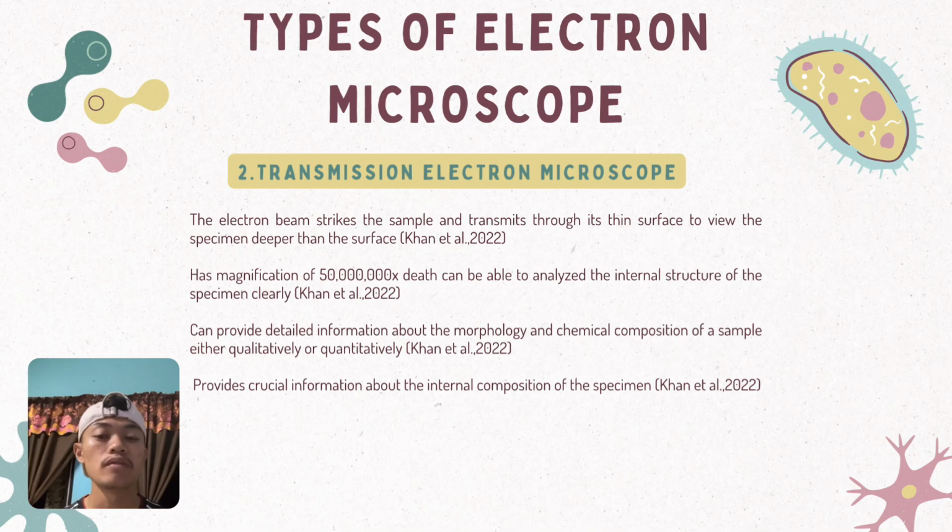TEM can achieve magnification of up to 50 million times, making it one of the most powerful microscopes available. It provides detailed information about the morphology, internal composition, and chemical structure of materials, both qualitatively and quantitatively. Because of its extremely high resolution, TEM is widely used to study crystal structure and defects at the atomic level.